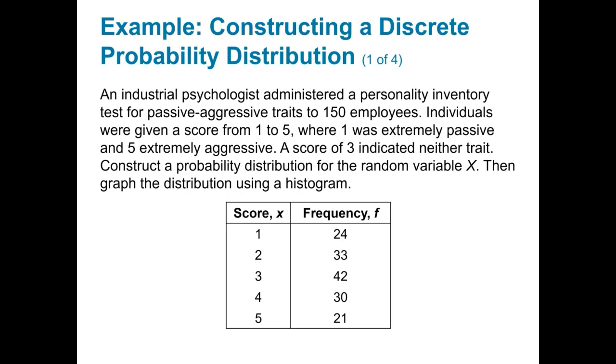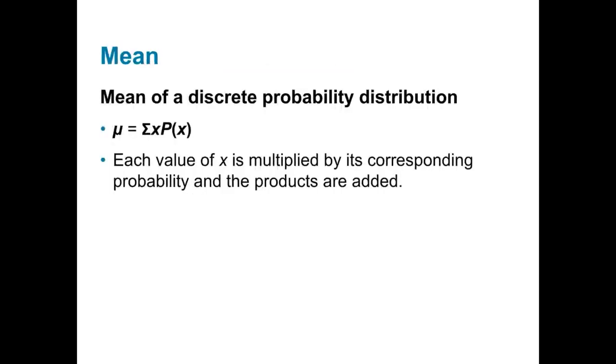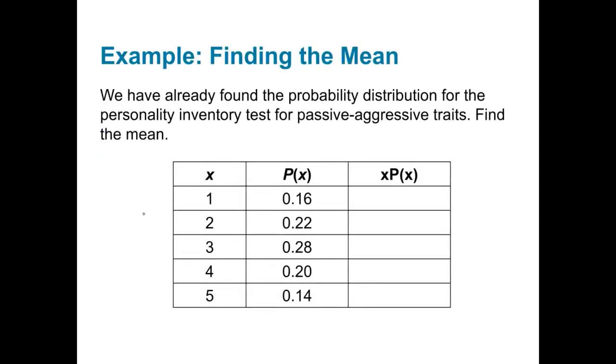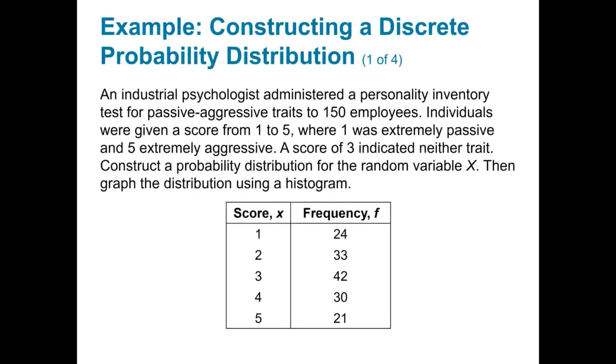So to build this probability distribution, if you know how to make a frequency table from chapter 3, then you know how to build this probability distribution. All you need in a basic probability distribution, at its most basic, are the x values. So the x values are just what your variable could take on.